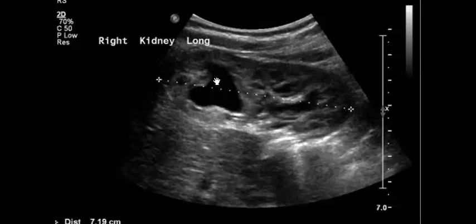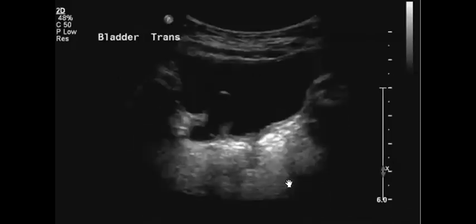So the upper pole calyces have hydronephrosis, and in the image of the bladder you can see something bulging in the posterior wall of the bladder, like a fluid-filled structure, maybe ovoid or tubular. This is the appearance of the dilated distal ureter with ureterocele.